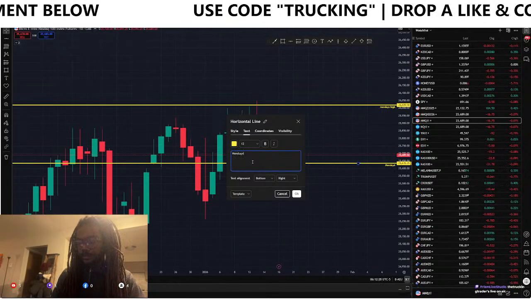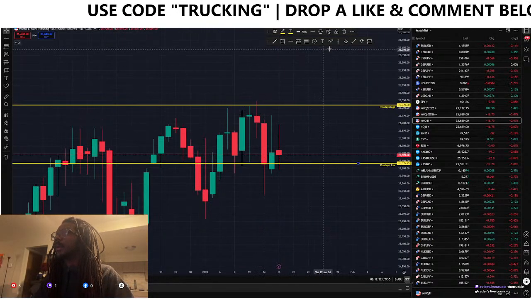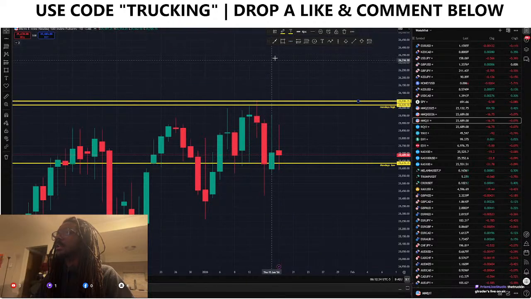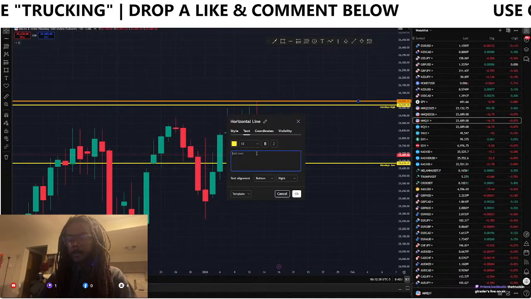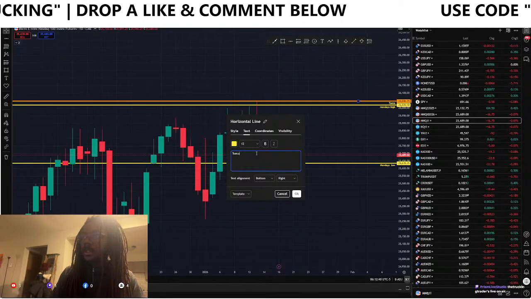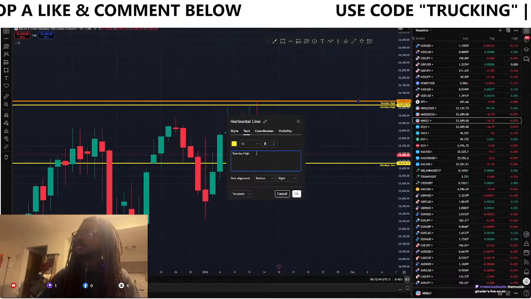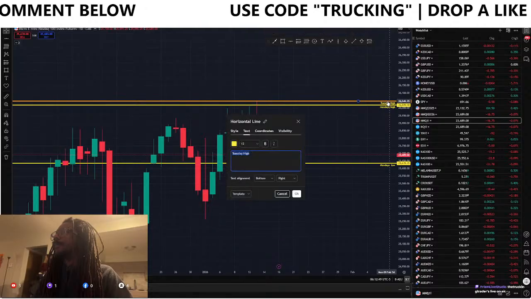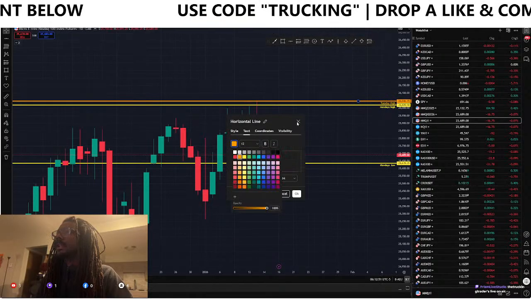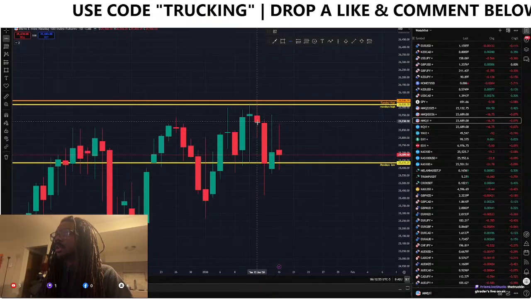Monday's low right there. We want to be able to keep up with everything. So Tuesday's high. All right, we can label that as Tuesday's high, make that orange. And then we're going to look for Tuesday's low.